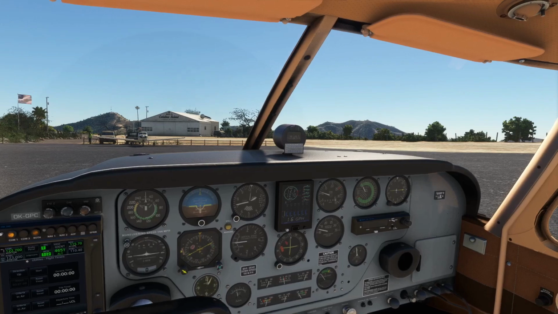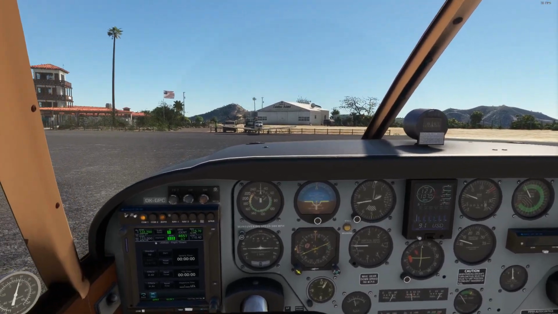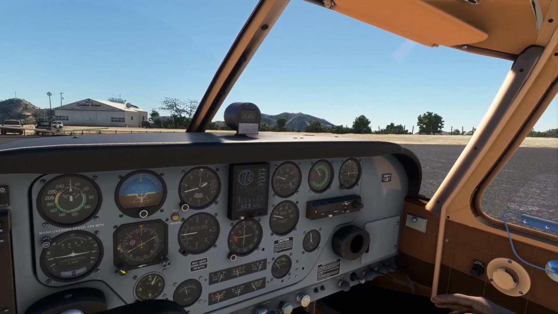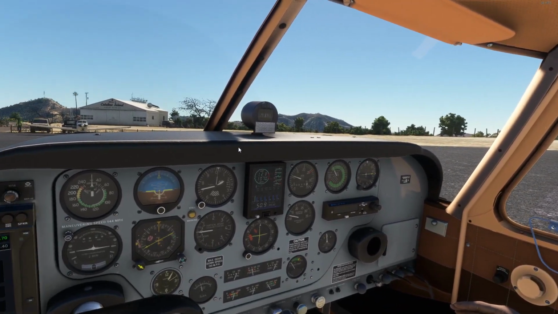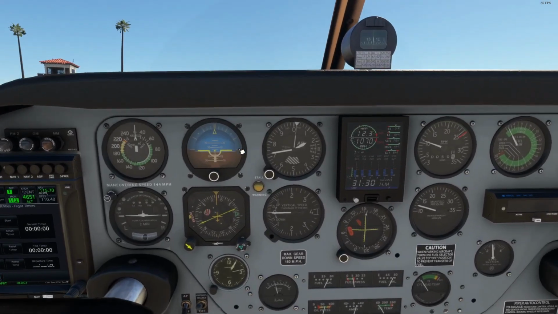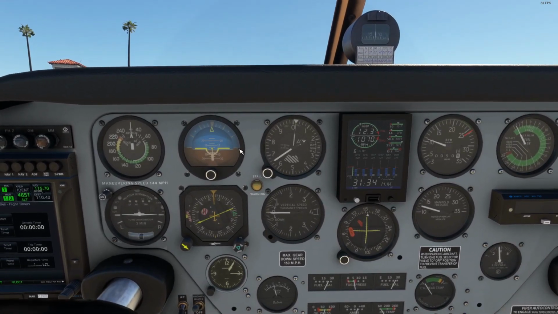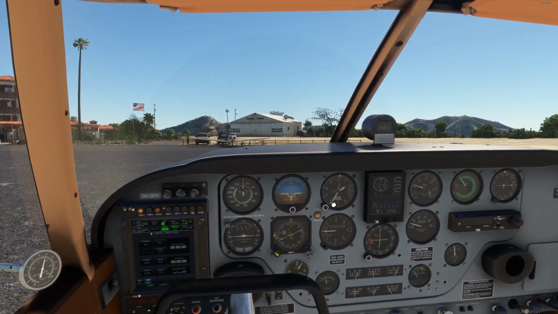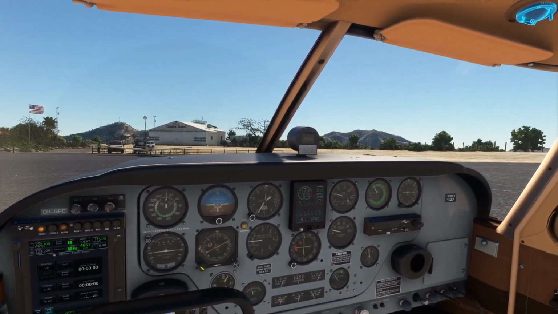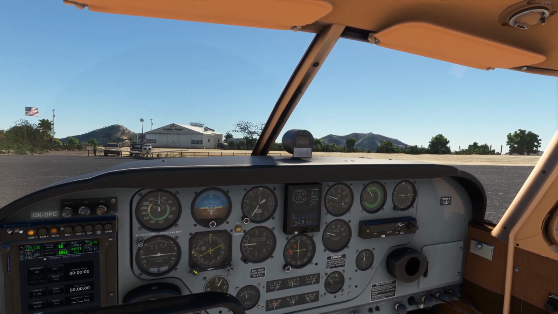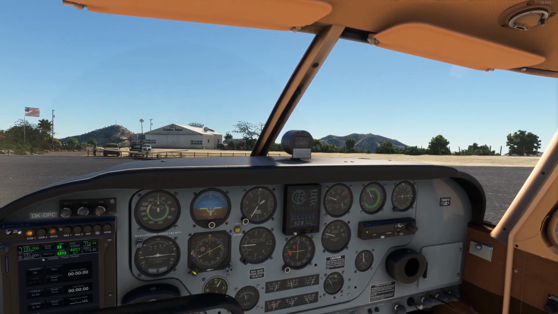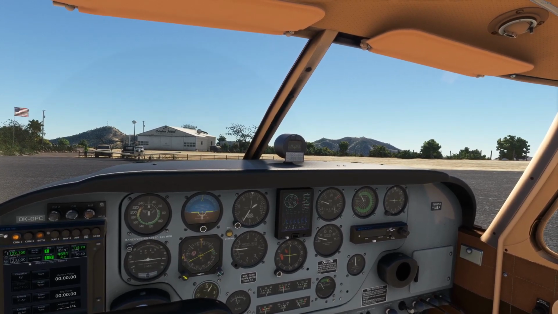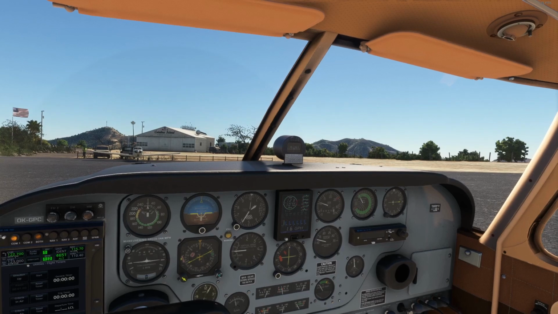Our altimeter setting today is 2996, something like that. 1600 feet, that is correct. And what else? I believe that this might be it.